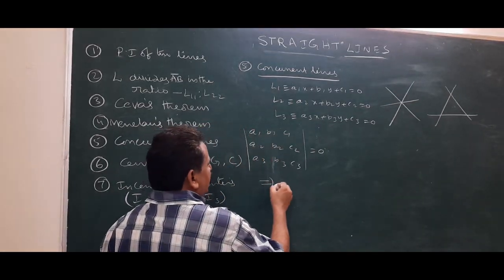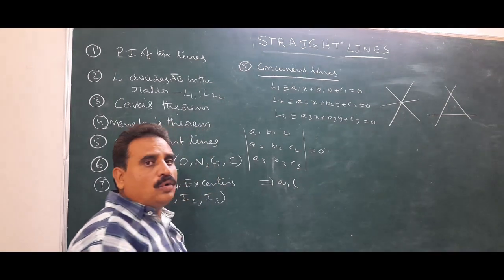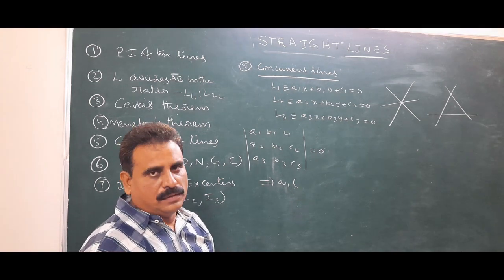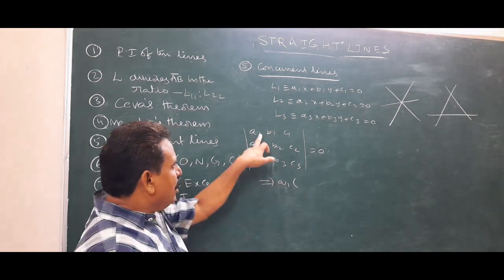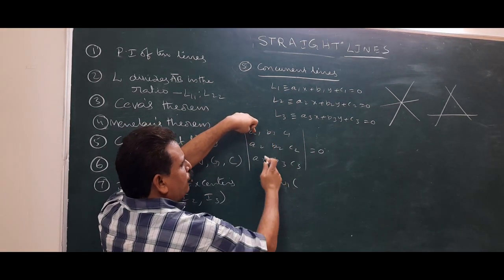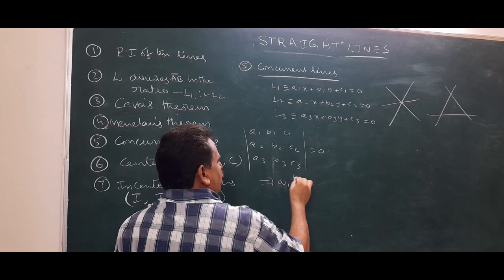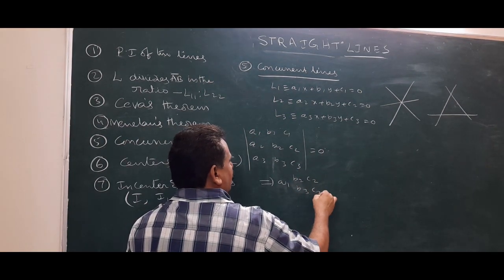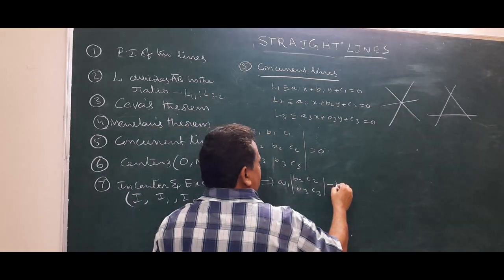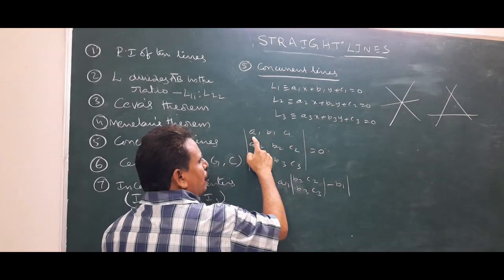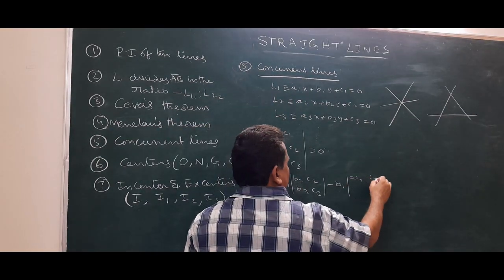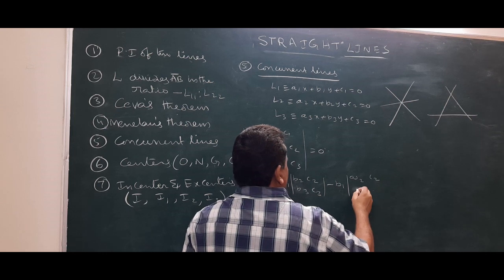If we expand this, look here, how to expand a 3 by 3 matrix was learned in the chapter on matrices. A1 into, eliminate the row and the column containing A1, we get a 2 by 2 matrix whose determinant has B2, C2, B3, C3. Minus B1 into, eliminate the row and column containing B1, the 2 by 2 matrix is A2, C2, A3, C3.